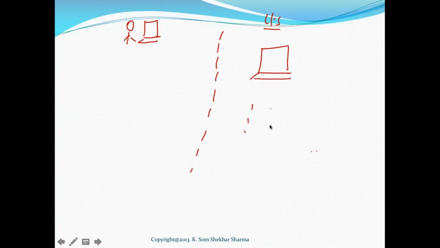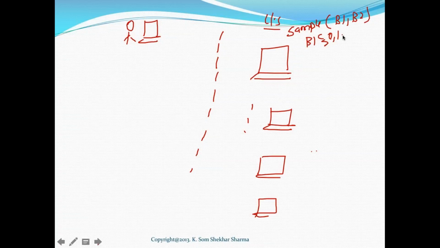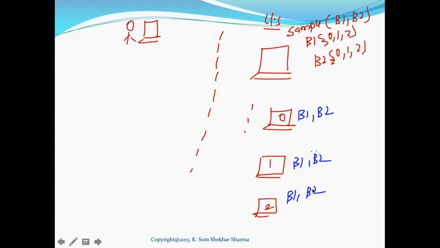The name node: you have a sample file broken into B1, B2. B1 is stored with machine 0, 1 and 2. B2 is stored with machine 0, 1 and 2. And here you have B1, B2, B1, B2, B1, B2.